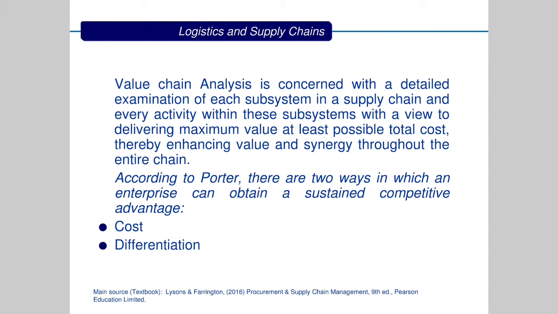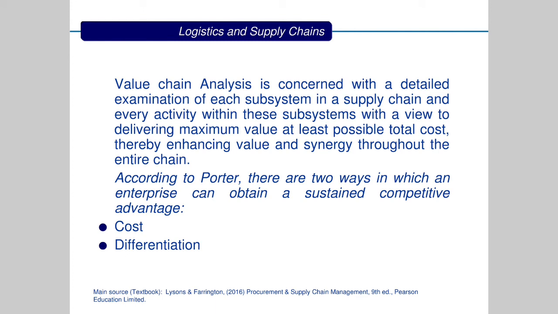In a supply chain, subsystems may be like supplier, then organization, and then buyer, where they are connected. And every activity within these subsystems is examined with a view to delivering maximum value at the least possible total cost. The cost of processes should be minimum, thereby enhancing value and synergy throughout the entire chain.